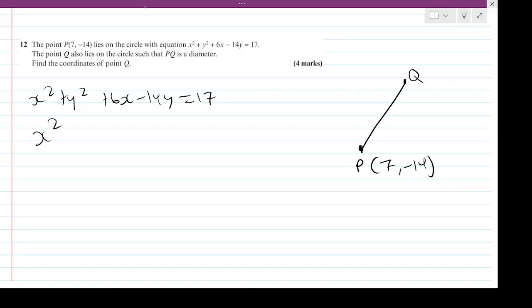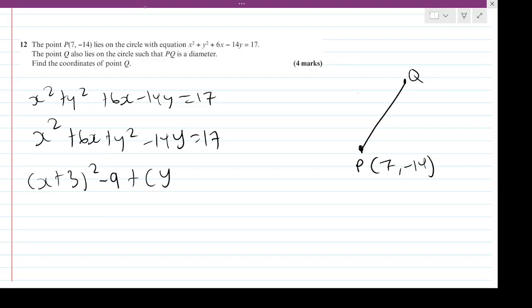First, let's group the x terms together. So x squared plus 6x, then we have plus y squared minus 14y equals 17. Then we complete the square in the x part, so we have (x plus half of 6, which is plus 3) all squared, minus 3 squared, which is 9. Then add the y, half of minus 14 is minus 7, all squared, then minus 7 squared is 49, and that equals 17.